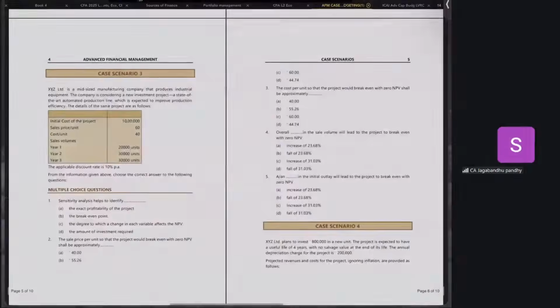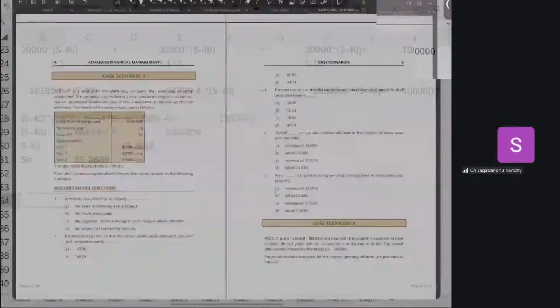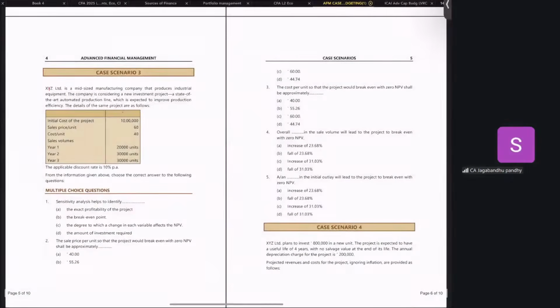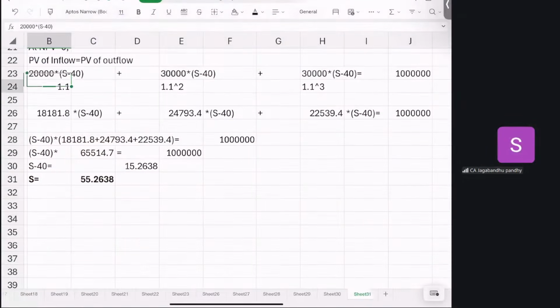60 is our sale price. So there is no change in the sale price, but we want to see what would happen to the NPV when there is a change in the cost. So you want to increase the cost, right? The cost is currently 40. So I want to increase the cost so that the NPV is 0. So you can solve it simply by forming this sort of equation only, right?